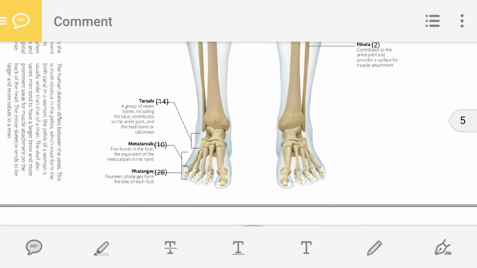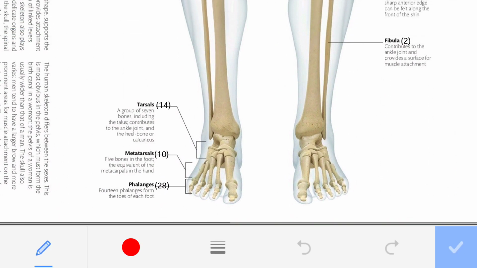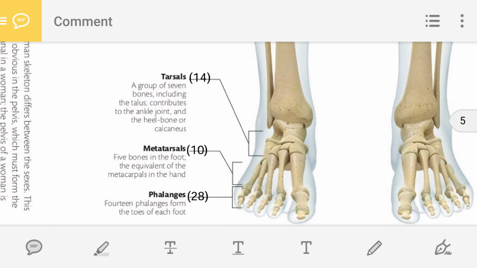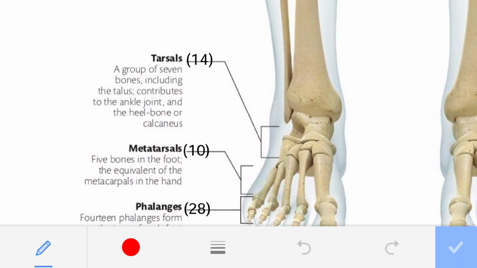Now, bones of the foot. As you can see here, I will zoom that for you. Bones of the ankle joint.